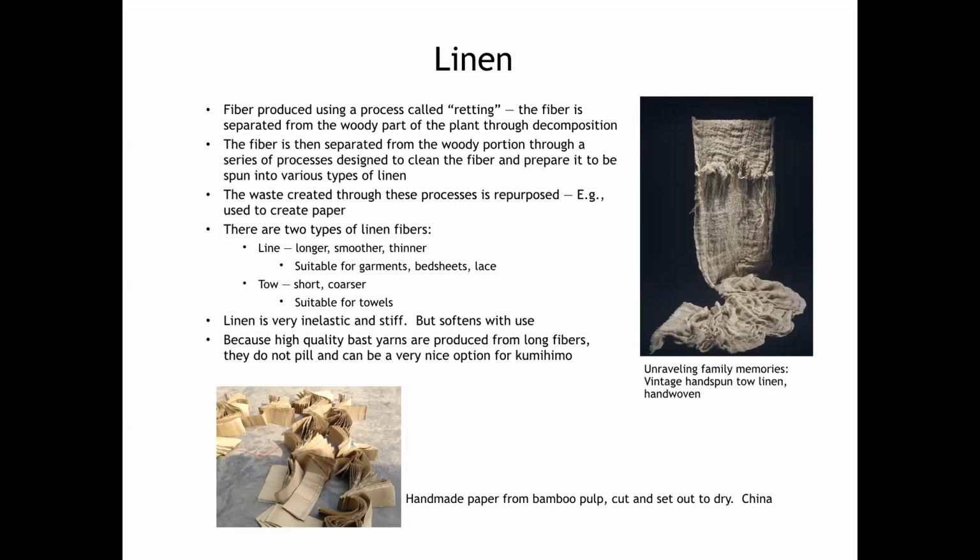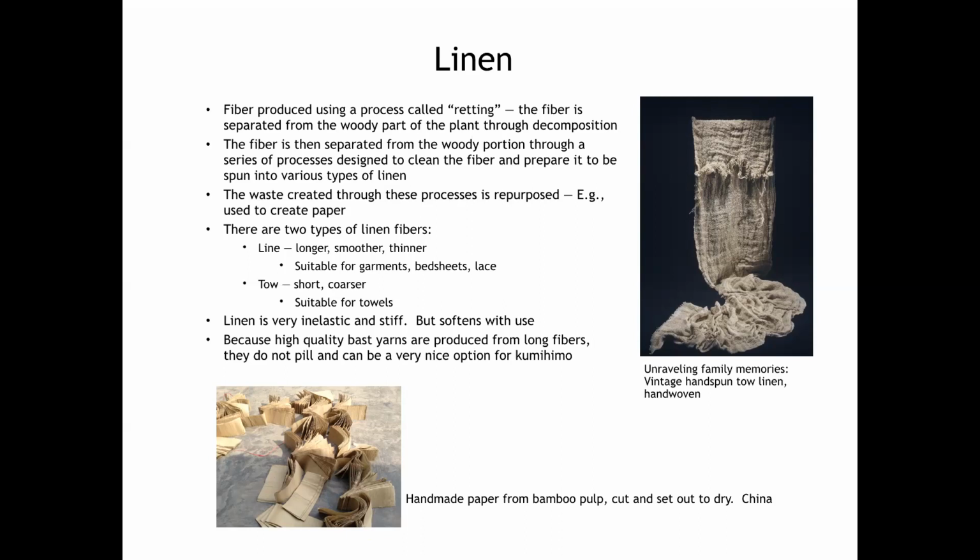Typically, you have two types of linen. One is called line, and it's generally longer, smoother, thinner, and it's ideal for garments, bed sheets, lace, bobbin lace, etc. And another type is called tow, and it's generally shorter, coarser, and it's traditionally used for towels, for instance.